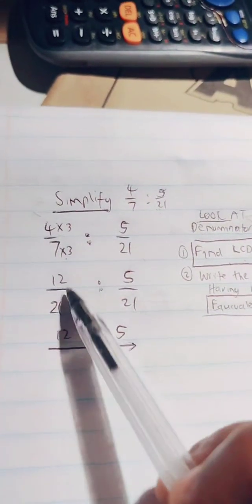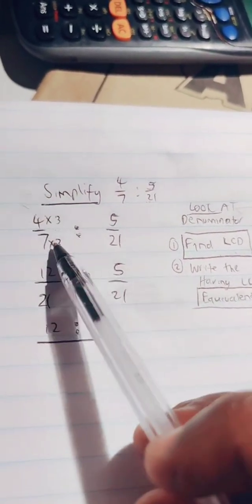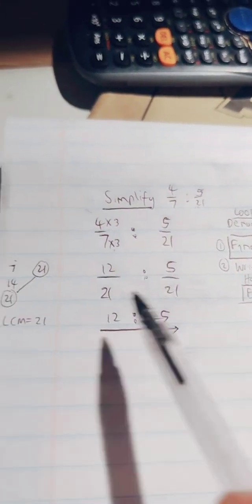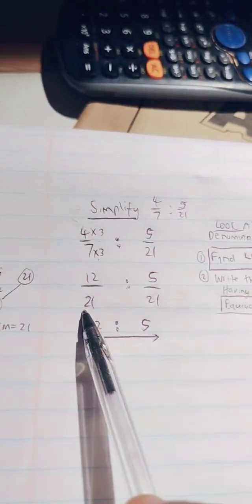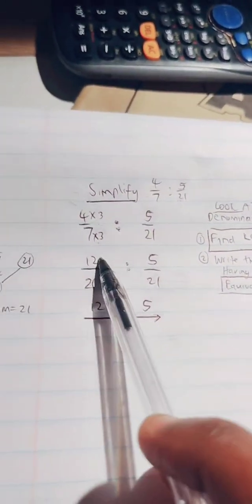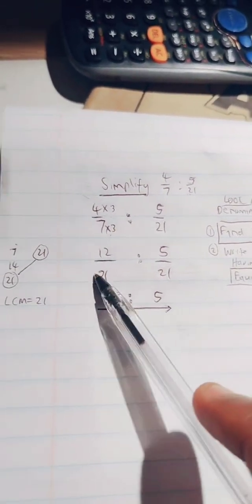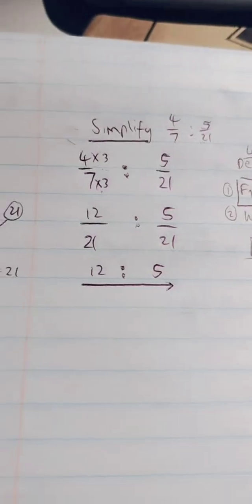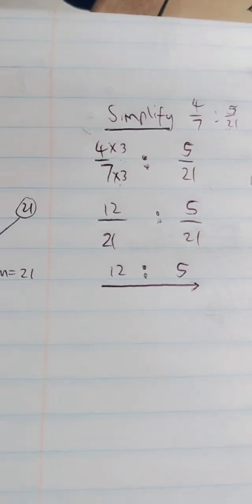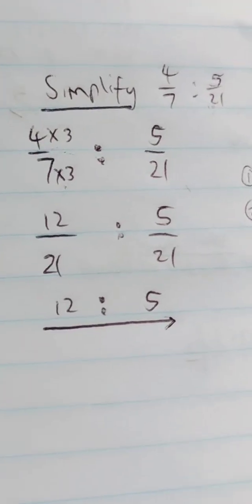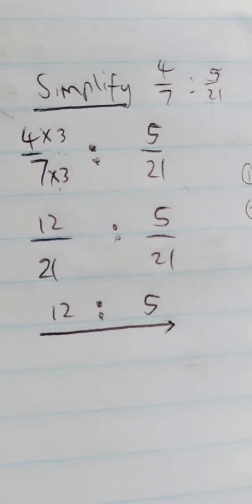Then we multiplied the first fraction by 3 in the denominator, and likewise in the numerator, so that we form the equivalent fraction of 4 over 7, which is 12 over 21. After that, we ignore the denominators and write the numerators as the ratio.